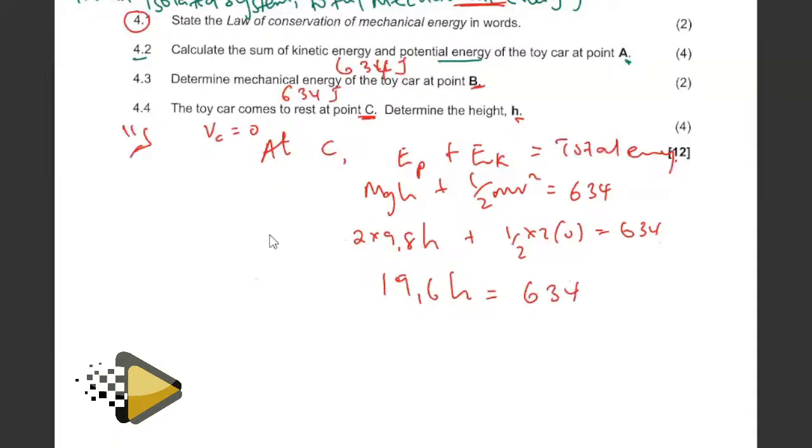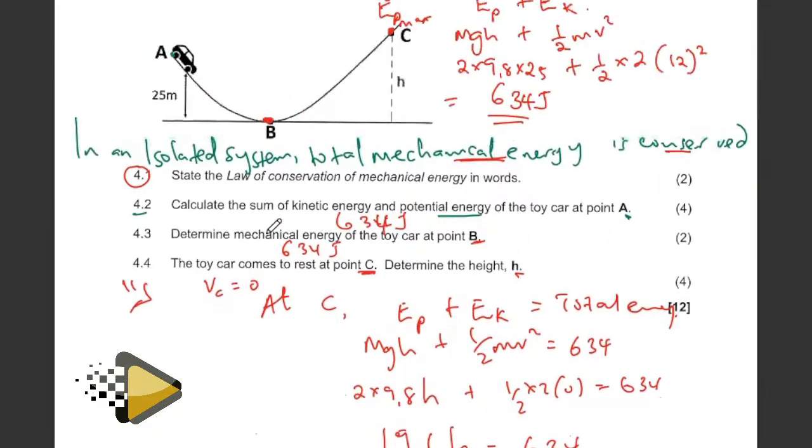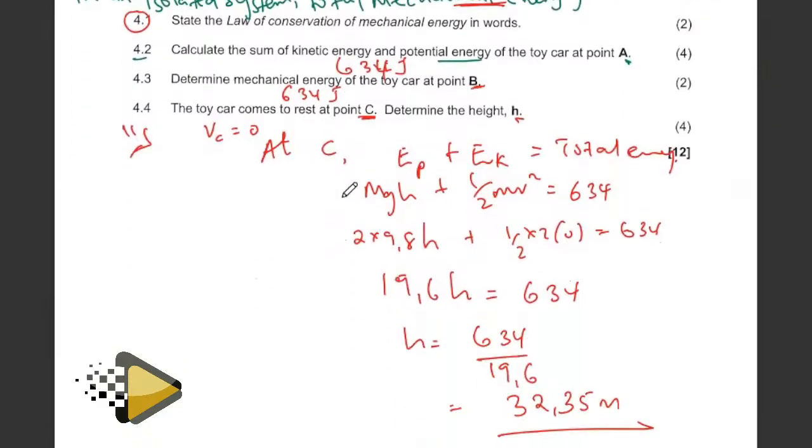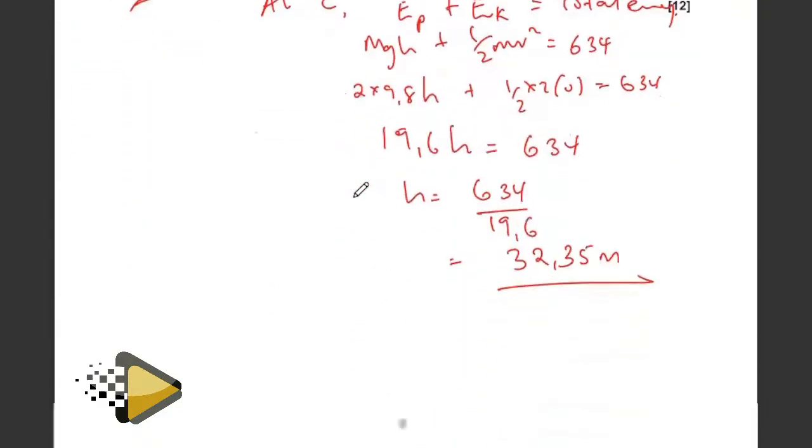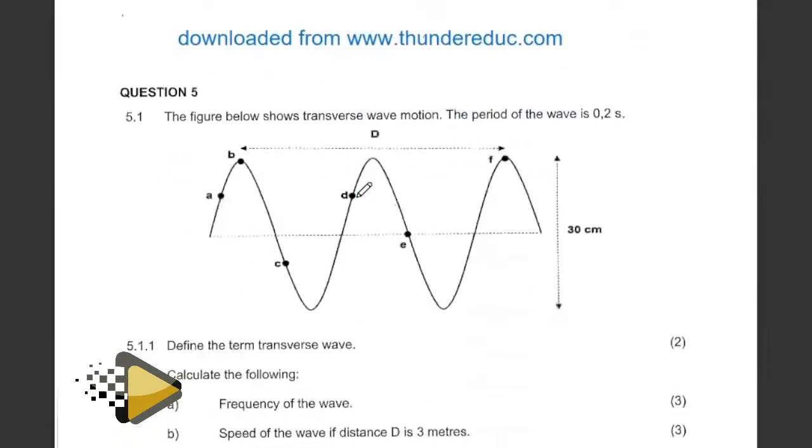Then I'll divide both sides by 19.6. So 634 divided by 19.6, I'm getting 32.35 meters. So that is the highest point h of the journey. Okay, so that is question number 4.